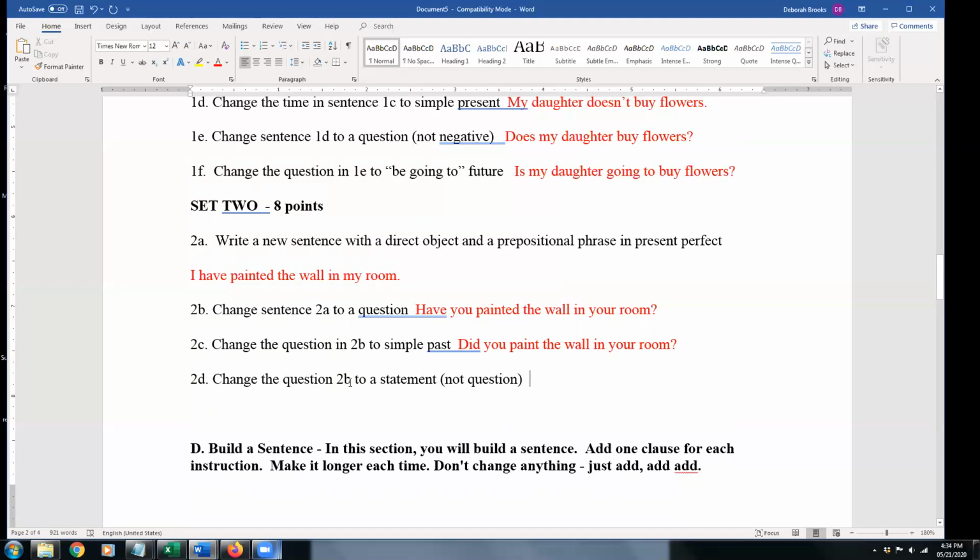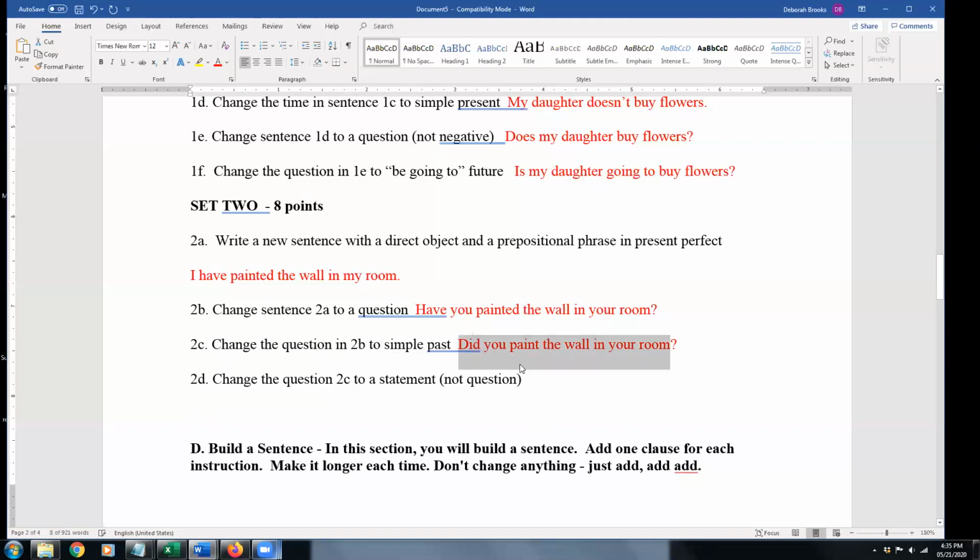And again, I messed up on these numbering. So if you did B, that's okay, I accept. What I wanted was C, and both of those, I accepted both of those. What I wanted was C, changing that, the simple past, back to a statement, because that's what you haven't done yet. So, did you paint?